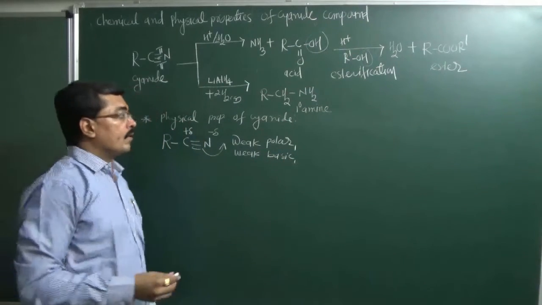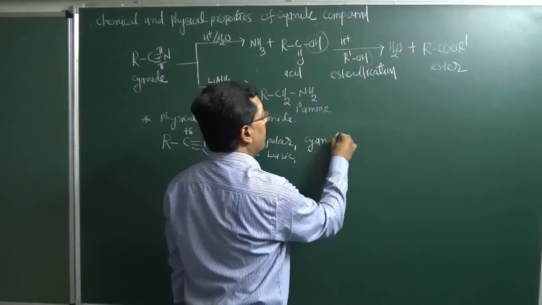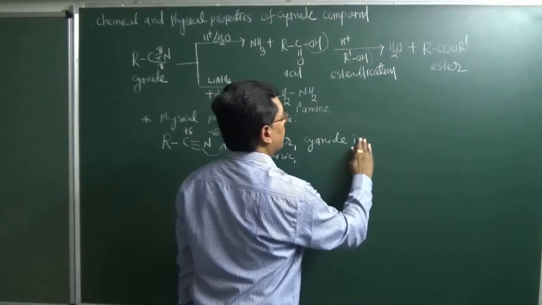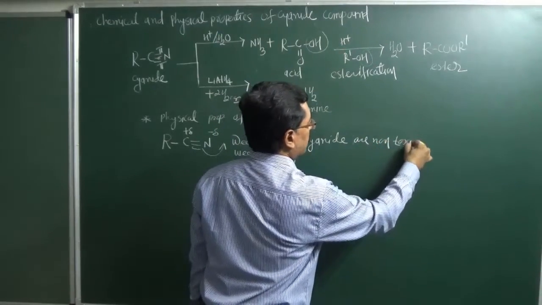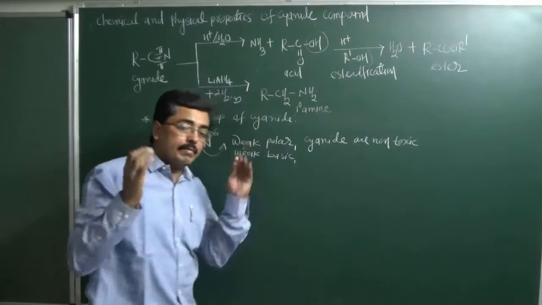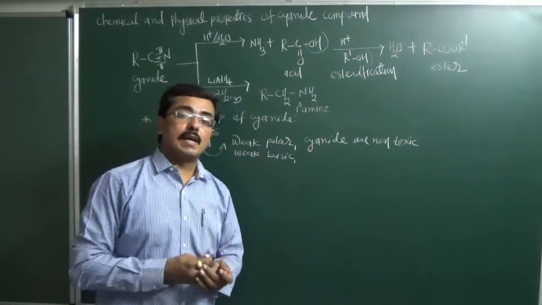Something is observed that whatever cyanide compound we have, this cyanide is actually non-toxic in nature. Sometimes in our mind we have said that cyanide is toxic in nature, but actually isocyanide is highly toxic.